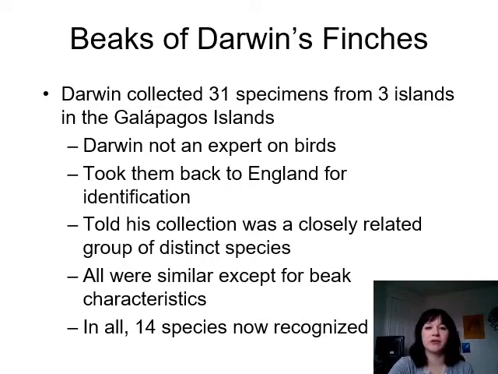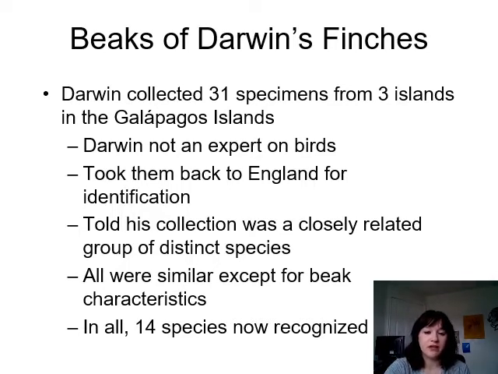Let's look at an example of natural selection using Darwin's finches. So Darwin went out to the Galapagos Islands, and at the time he was not an expert specifically on bird species. He visited 3 different islands, collected about 31 specimens, brought them back to England, and had someone help him identify these different birds.